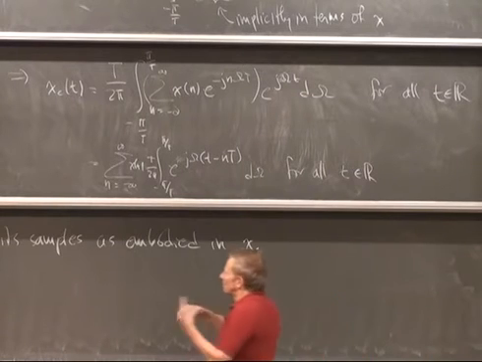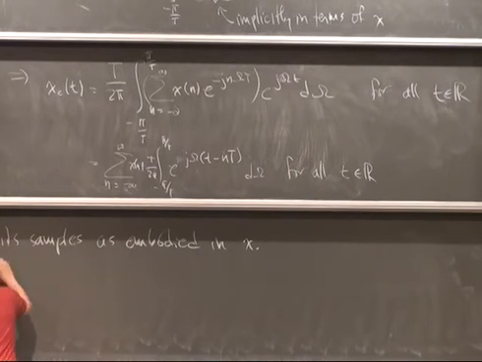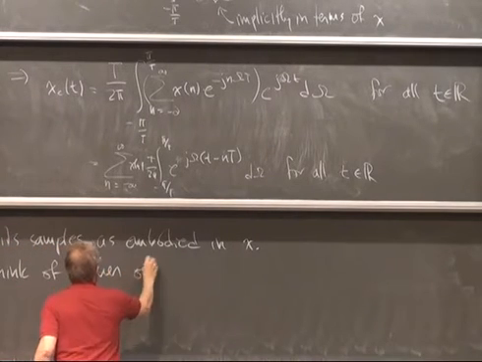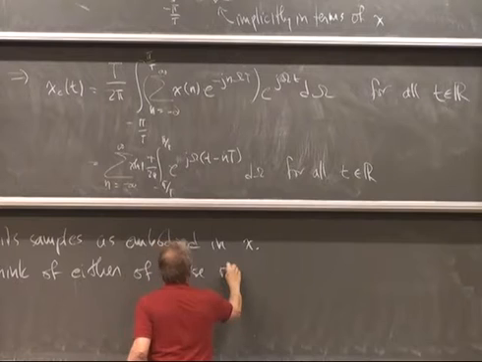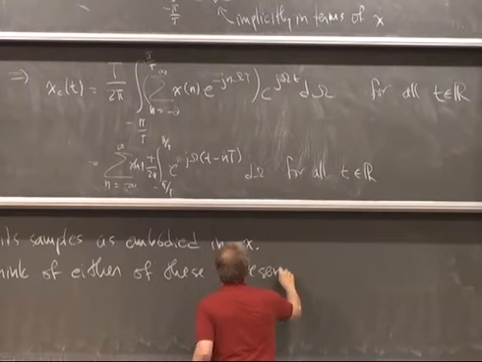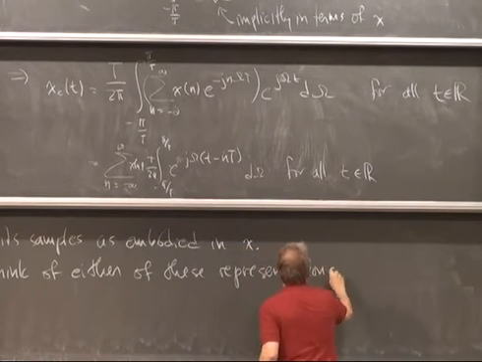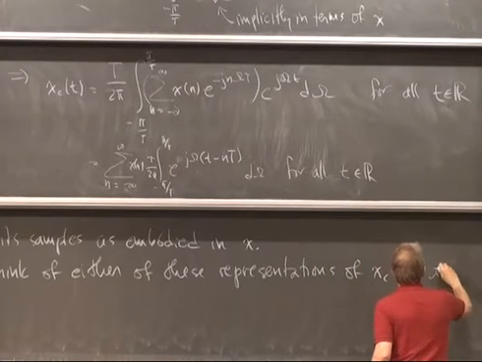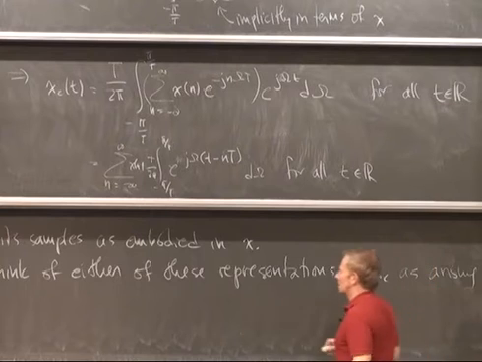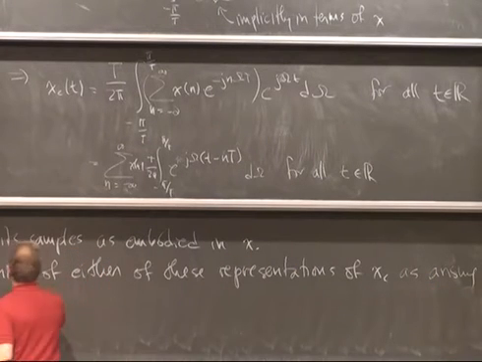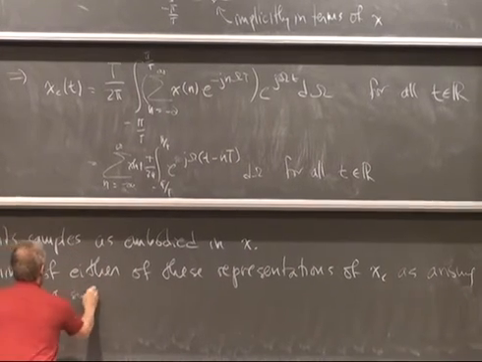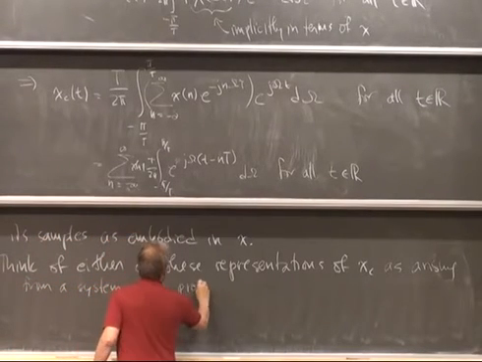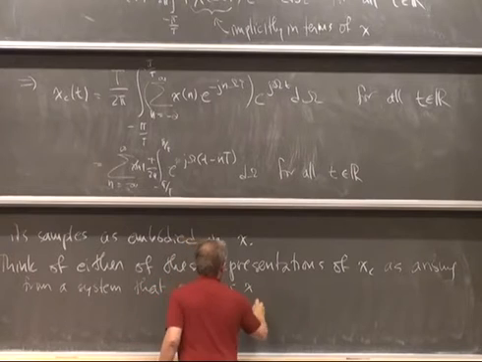You can think of either of these representations of xc as arising from a sort of box, a system that processes x.